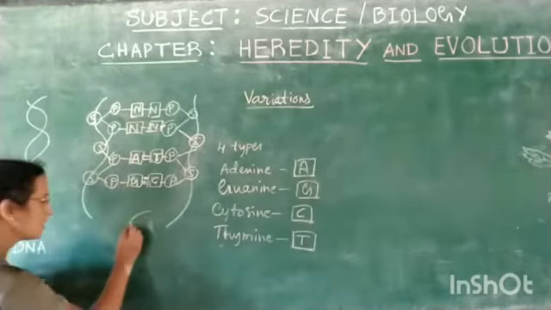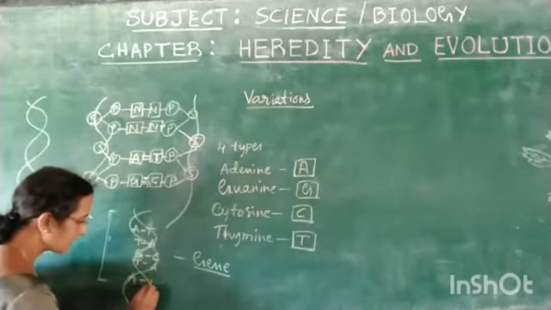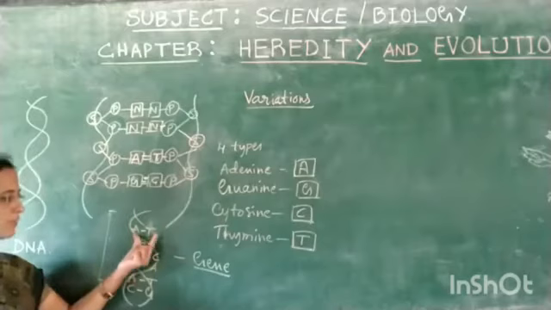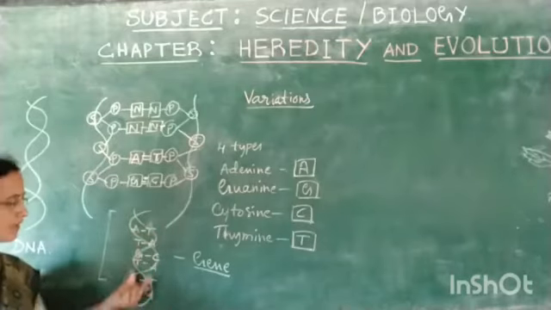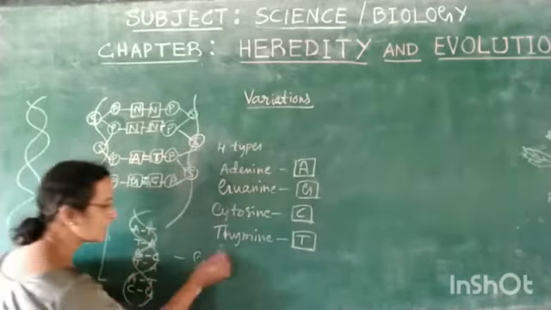Here the DNA will have the four nitrogen bases arranged alternatively: A with T, A with T, G with C, T with A, then A with T, C with G. Like this, these nitrogen bases continuously form a code which denotes a gene, determining a particular character in the organism.